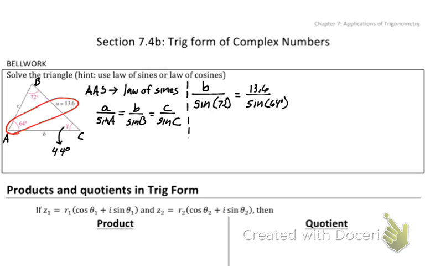Now we're just going to use the fact that I can multiply both sides by sine of 72 to get my B. So my B is actually just going to equal sine of 72 degrees times that 13.6 over sine of 64 degrees. And when you plug that in your calculator, you're going to come out to about 14.4.